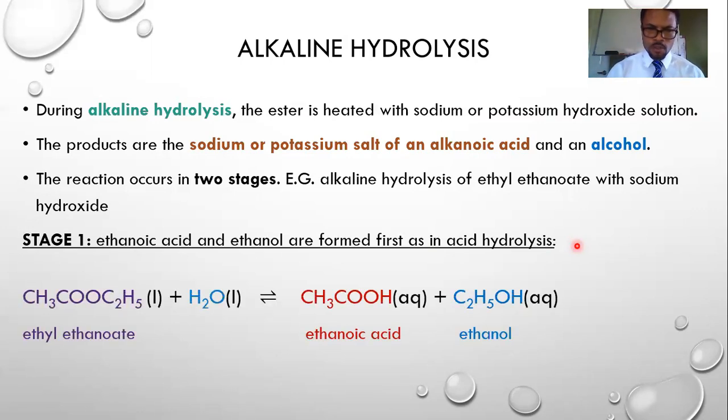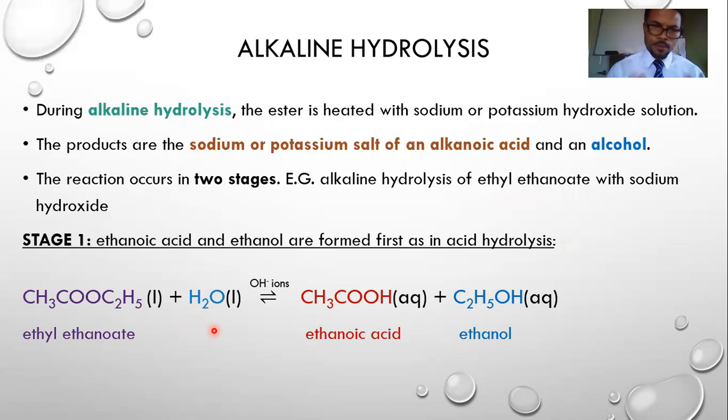In the first part of the reaction, the example we are using is ethyl ethanoate and sodium hydroxide. The water goes in because hydrolysis is using water to break apart a molecule.